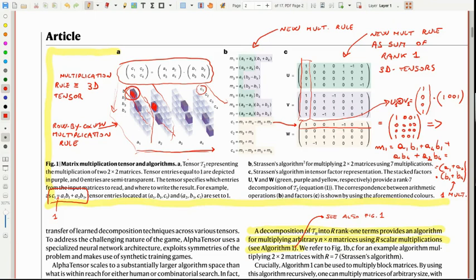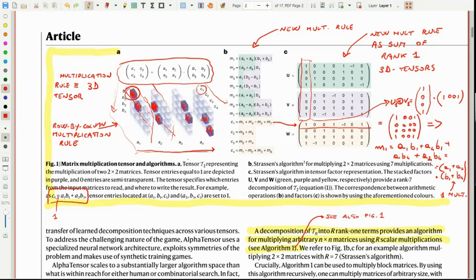And you see that making it in this way, I have 8 squares that are representing the standard row by columns product. Is this clear up to now? So I have given you a very concrete way to associate a rank 3 tensor to a multiplication algorithm. And this is the tensor associated to the standard multiplication algorithm.